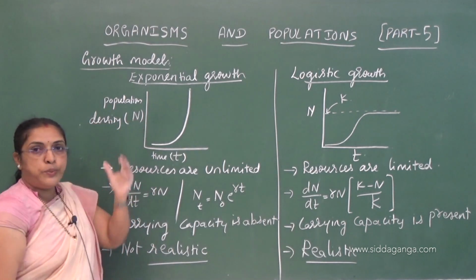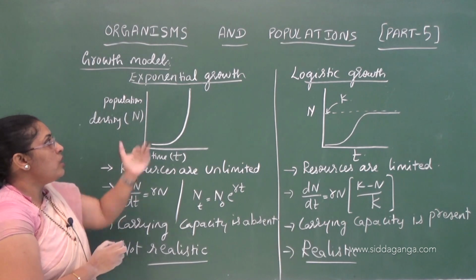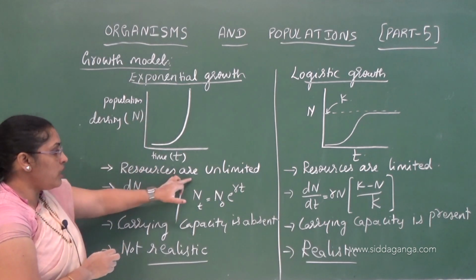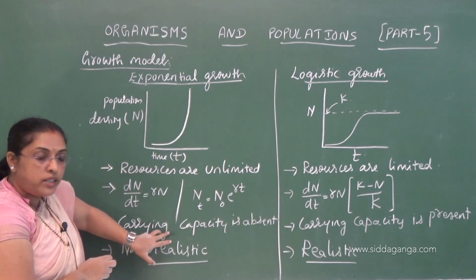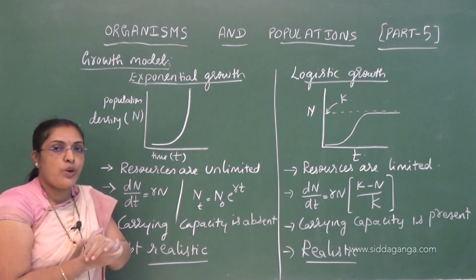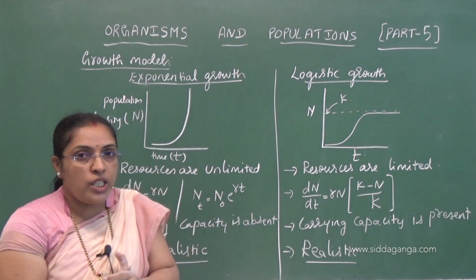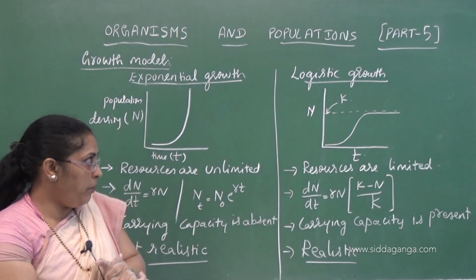So that is the difference between exponential growth and logistic growth. Understood? This we see when resources are unlimited and carrying capacity is absent, and it is not realistic. Because one day in nature resources are going to be limited.